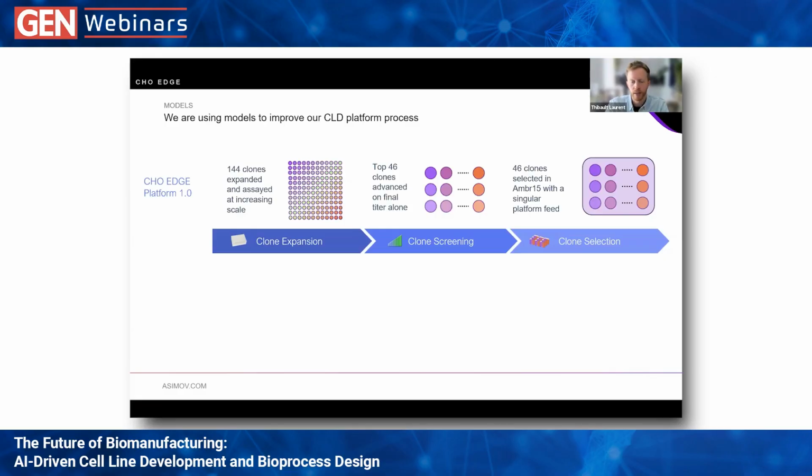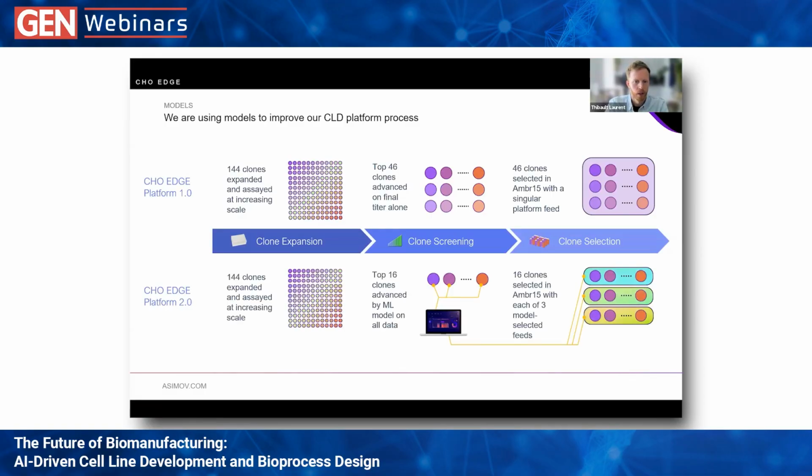In the Ambr 15, as a final selection screening step, the 46 clones are assessed through just one media and feed system, which is our platform process for the 14-day fed batch. Using the CHO simulator, with clearly defined objective functions, we are now able to reduce the number of clones advanced to 16. So we are going from 144 clones down to 16 while we are still at very small scale.